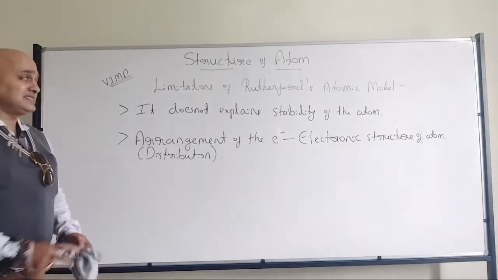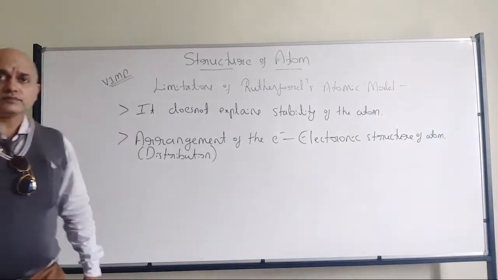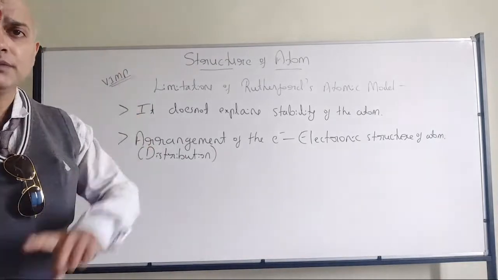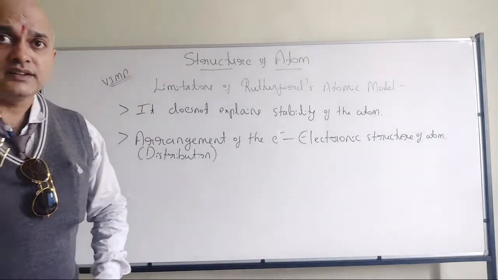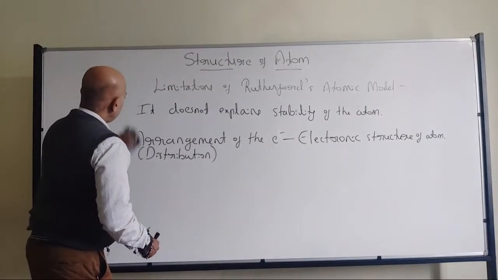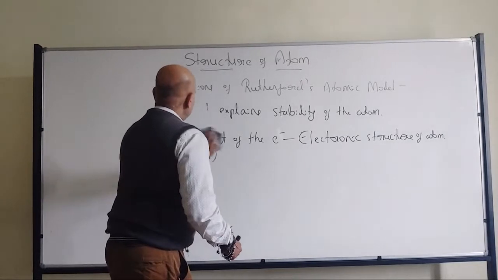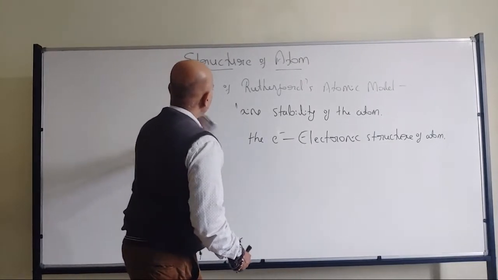If it is asked for 2 marks, both points should be written. If you write one point, only 1 mark will be given to you. So this is related to Rutherford's atomic model, Rutherford's experiment, then the limitations of Rutherford's atomic model.